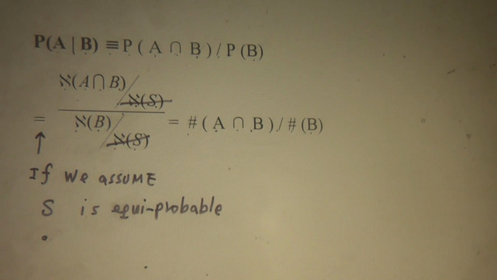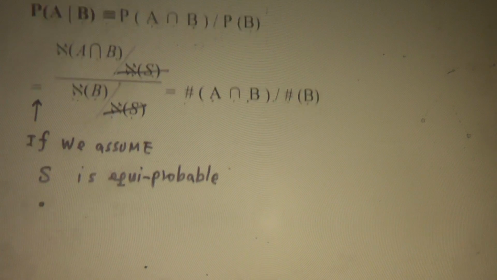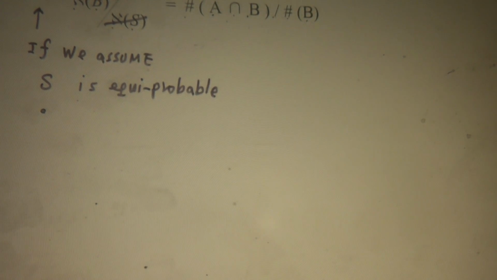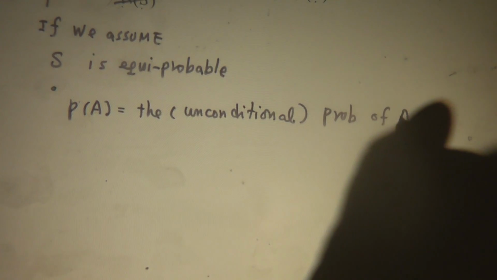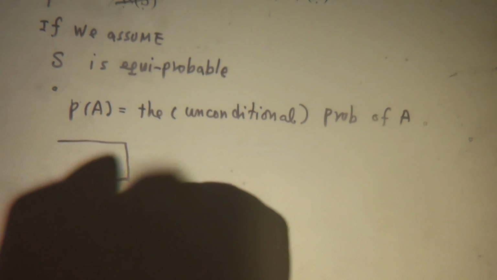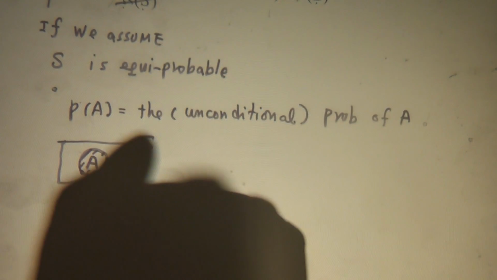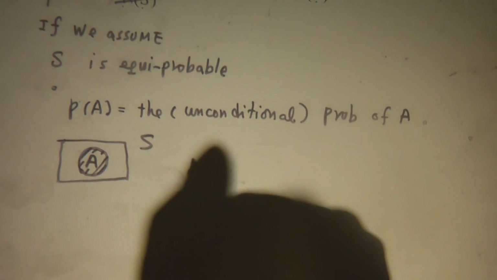And what does that mean? Let's give a little bit further discussion, okay? Now, P(A) is the unconditional probability of A. How likely you are going to see A happen depends on the ratio.